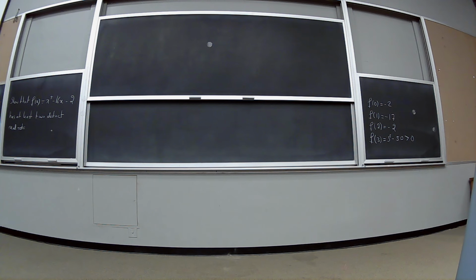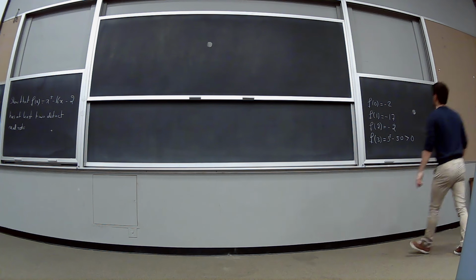Where do we look now? Let's look at negative integers. We looked at 0, let's look at negative 1. What's f of negative 1? Who can help? Yes? 13. So negative 1 plus 16 minus 2 gives 13. Thank you very much.